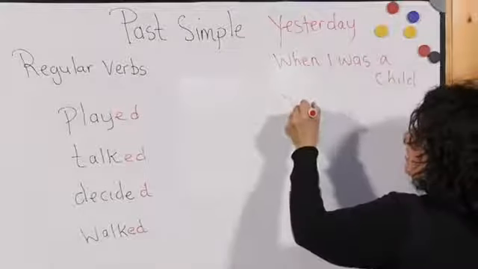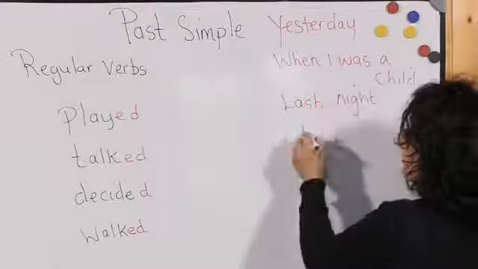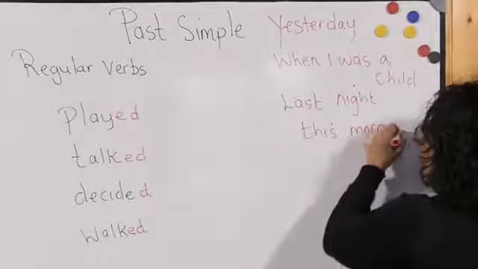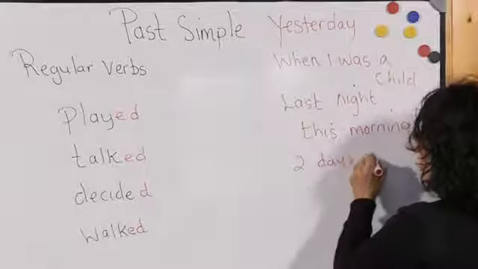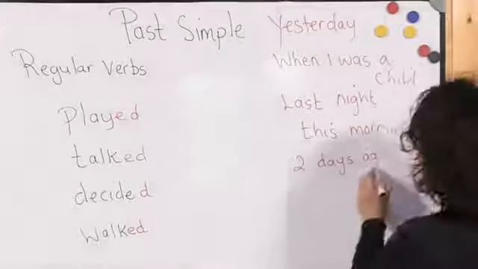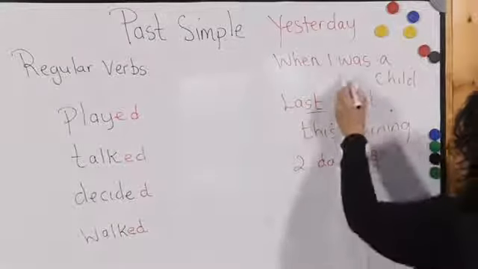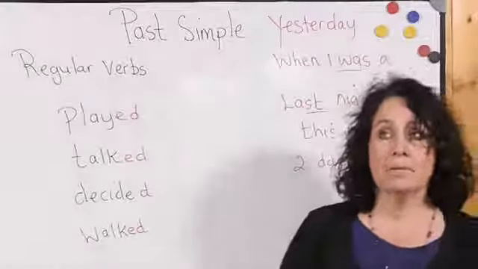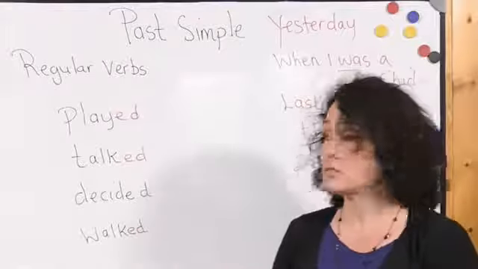It could be last night, this morning, any time before now, 2 days ago, and we have these expressions of time in the past, ago, okay, last night, when I was a child, okay.